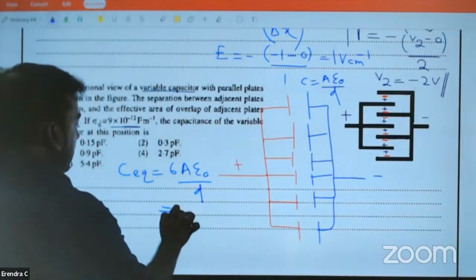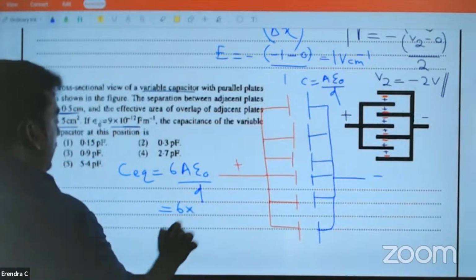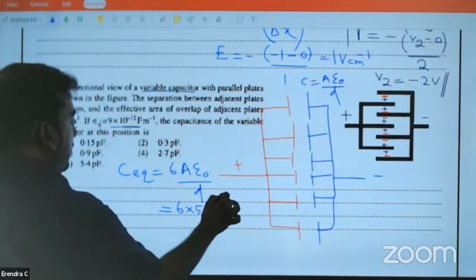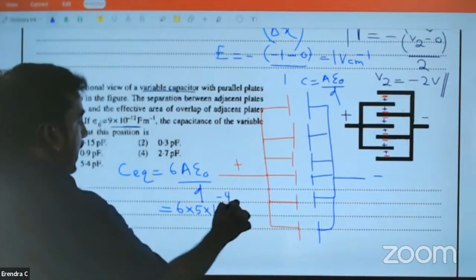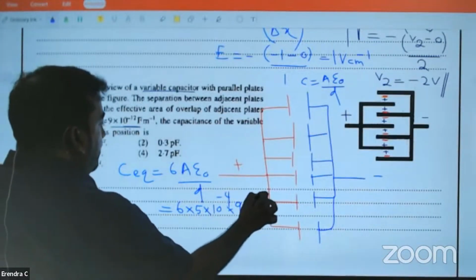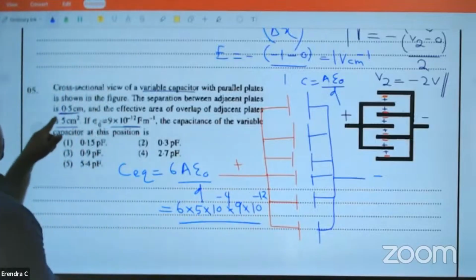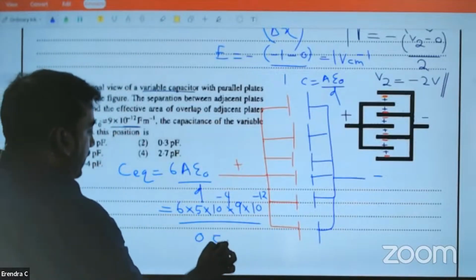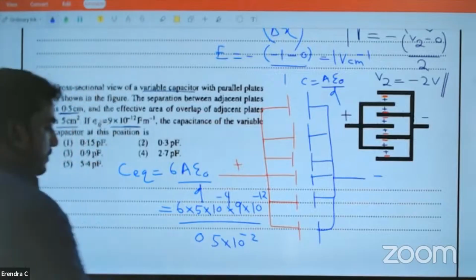So here 6A, 5 centimeter squared converted to meter squared, epsilon naught 9 times 10 to the power minus 12, divided by distance. Distance is 0.5 centimeter, so minus 2.